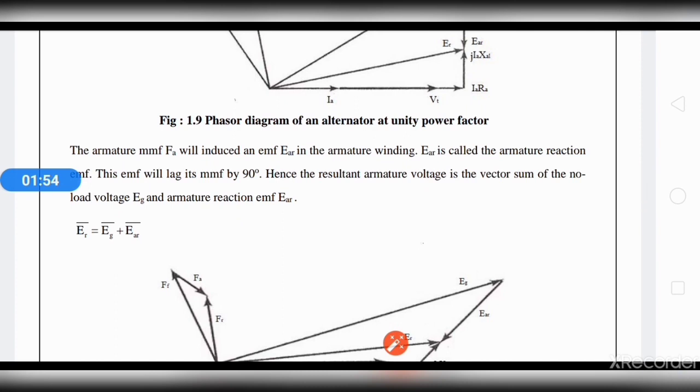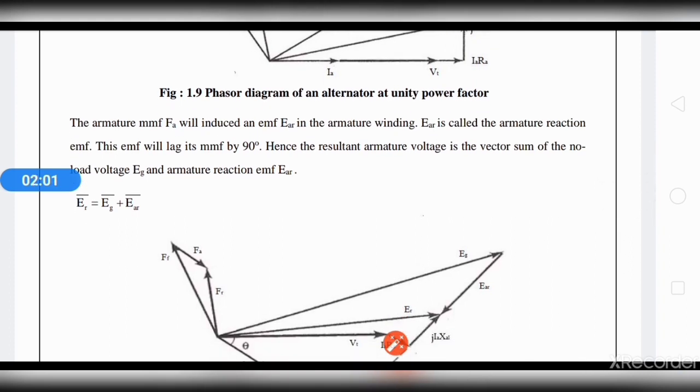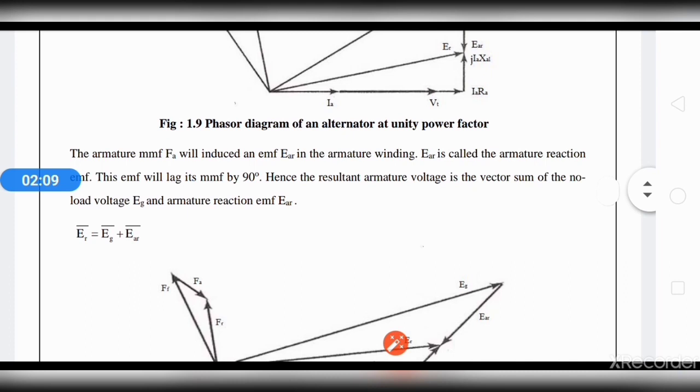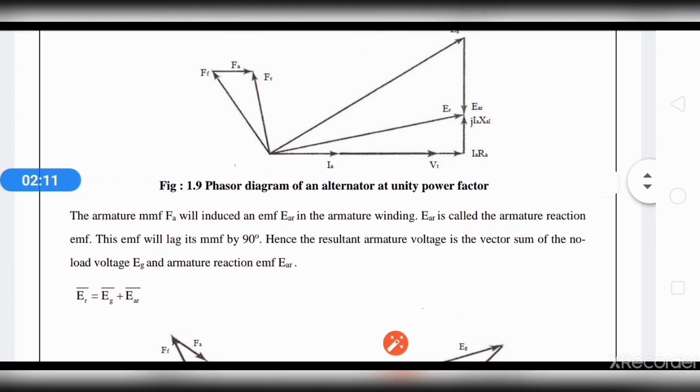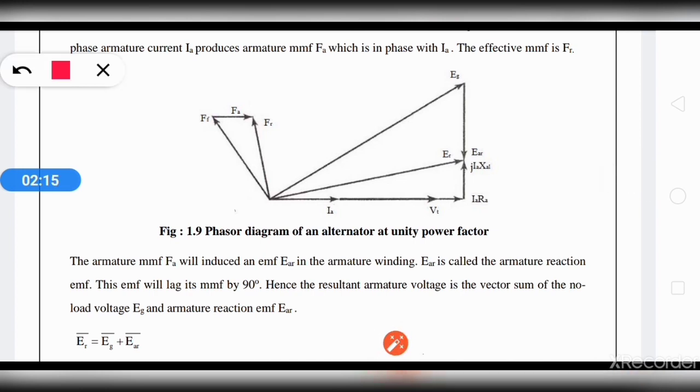Armature MMF will induce an EMF EAR in the armature winding, which is known as the armature reaction EMF. This EMF will lag its MMF by 90 degrees, and hence the resultant armature voltage is the vector sum of the no load voltage and the armature reaction EMF, which can be seen from here.